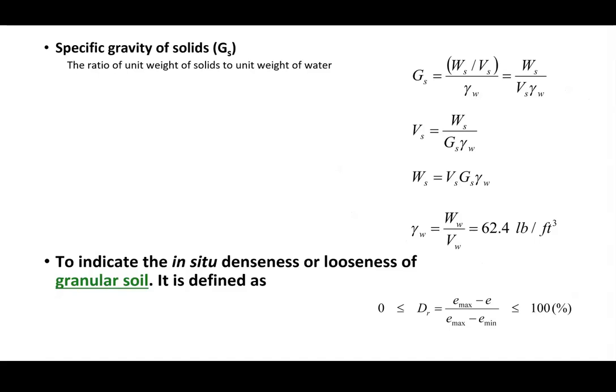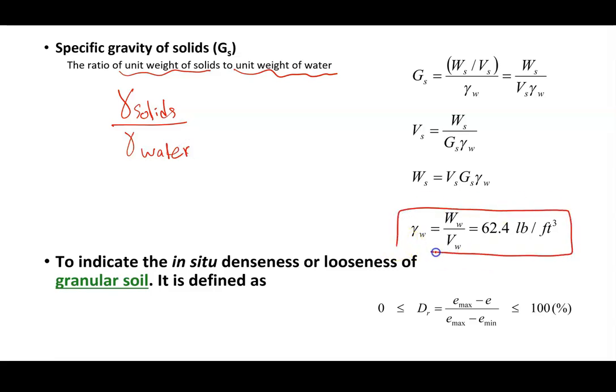A specific gravity is the ratio of unit weight of solids divided by unit weight of water. And remember, unit weight of water is weight of water divided by volume of water, which is equal to 62.4 pounds per cubic feet.